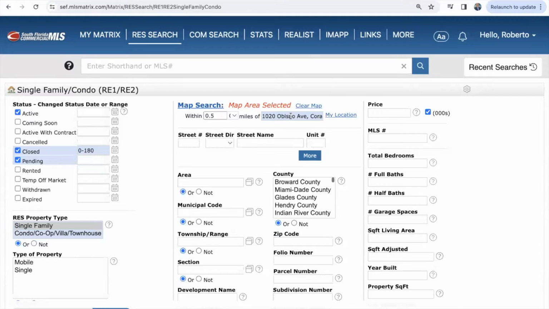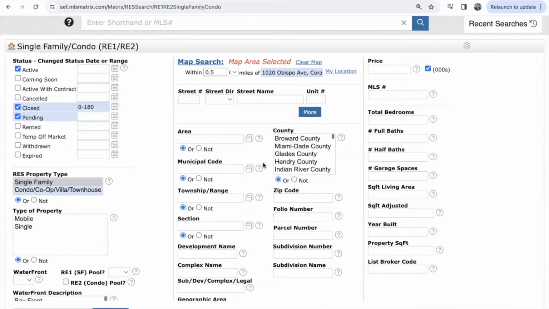All right, so next step is we need to figure out the details or characteristics of the property. This property is a 4-bedroom, 3-bathroom home, and it's approximately 3,200 square feet. So if you want exact comparables, so you don't have to do adjustments, then you're gonna go to the bedrooms and place 4 bedrooms.